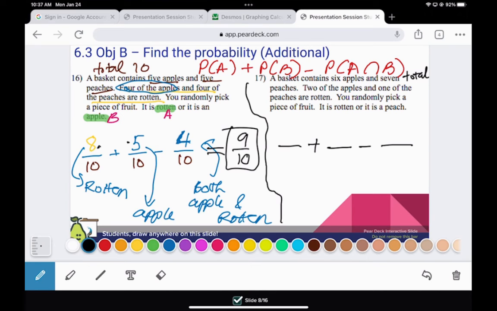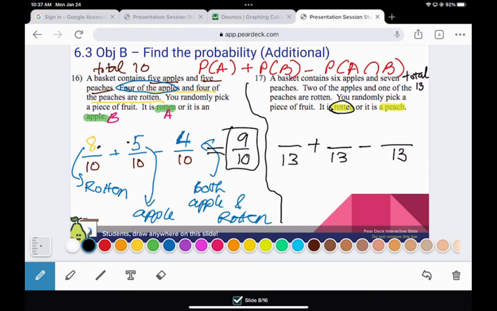This said the basket has 6 apples and 7 peaches, so that would be 13. 2 of the apples and 2 of the peaches are rotten. You randomly pick a piece of fruit. So here's the event that you want to pay attention to. It's rotten and it's a peach. Because I know the total is 13, I can just put down 13 right away.